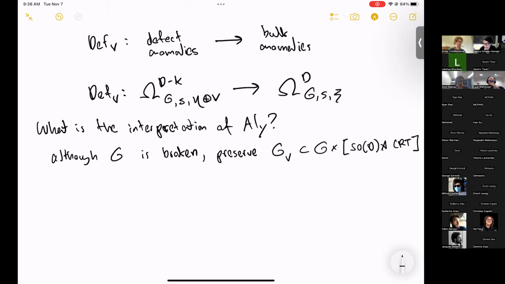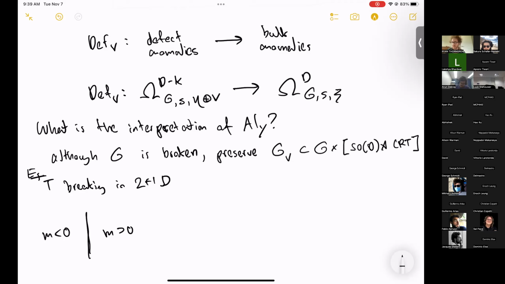So what's going on here is, when we have, say, the time reversal breaking, back to our example, T breaking in 2+1D, so we had this domain wall where the mass is positive on one side and the mass is negative on the other side.